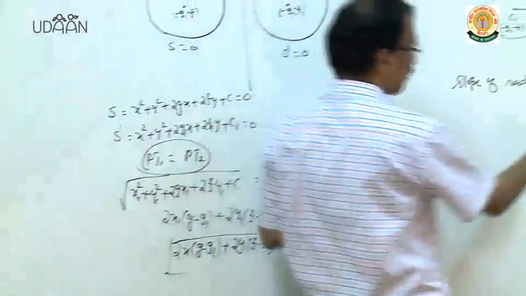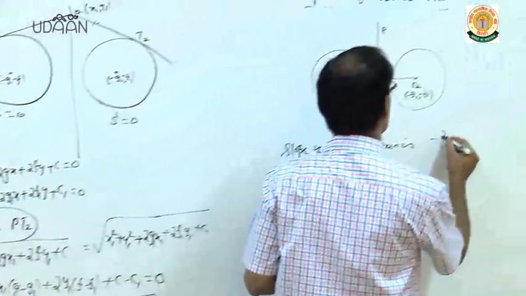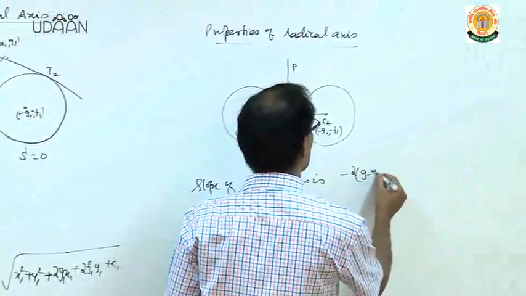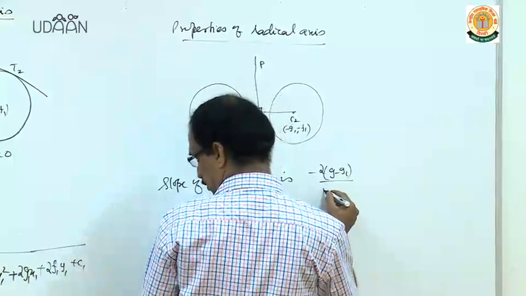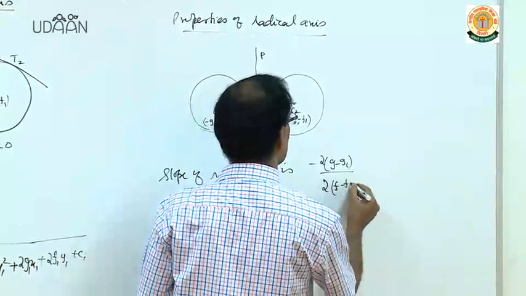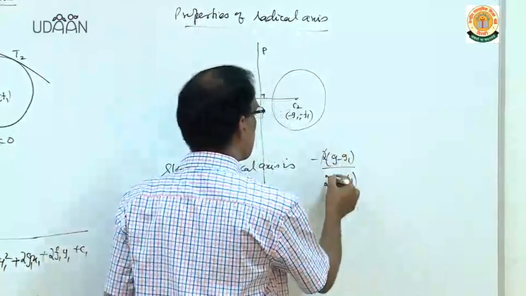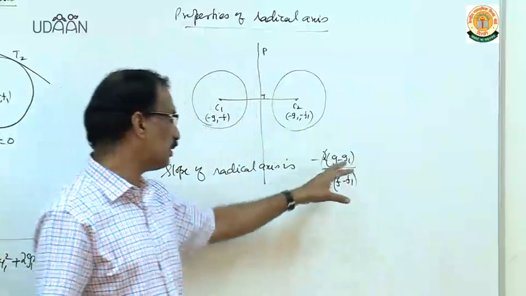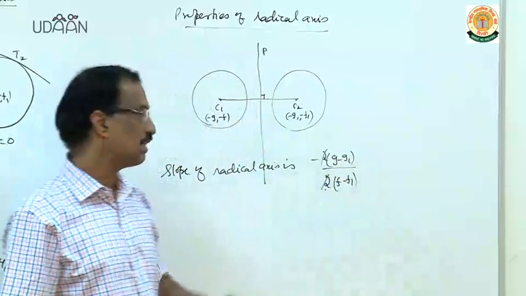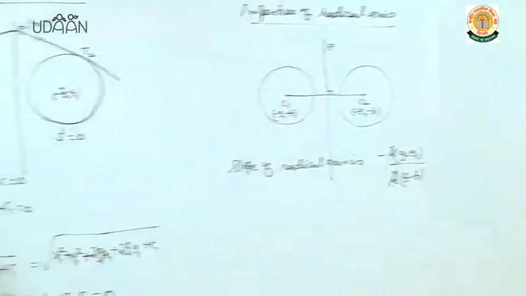So we get minus 2 into g minus g1 upon 2 into f minus f1. So 2 can be cancelled. So we get minus of g minus g1 upon f minus f1 is the slope of the radical axis.